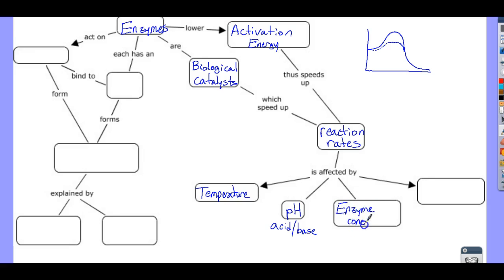The more enzymes you have, the faster the reaction is going to happen, because each of those enzymes has an active site that does the reacting. We can also change the reaction rate by the substrate concentration.